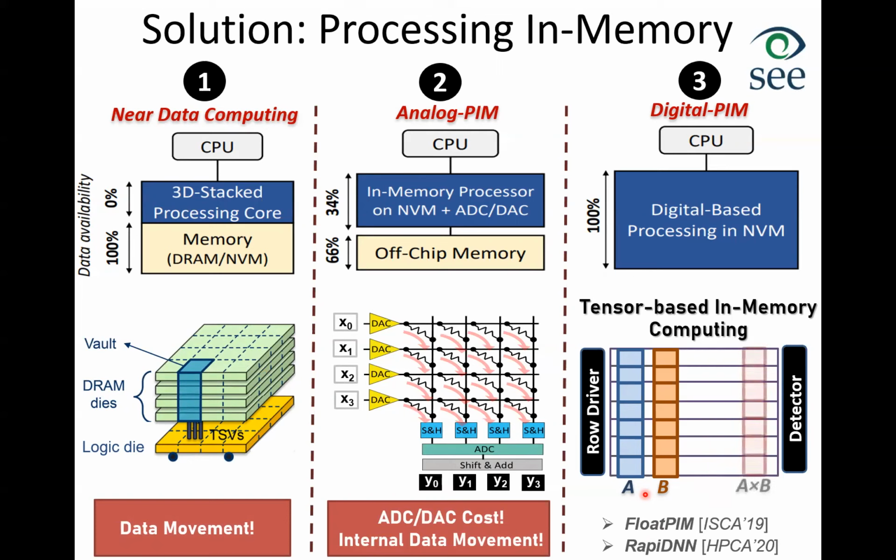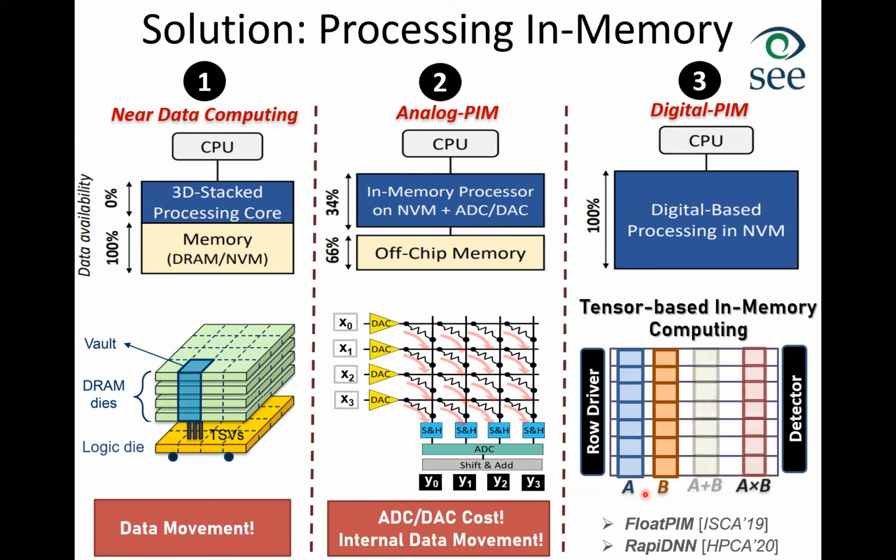FloatPIM does not support search or distance computing, which are crucial operations for clustering algorithms. Also, it was dedicated to the acceleration of deep learning. But the operations we really need here to do clustering are really different.